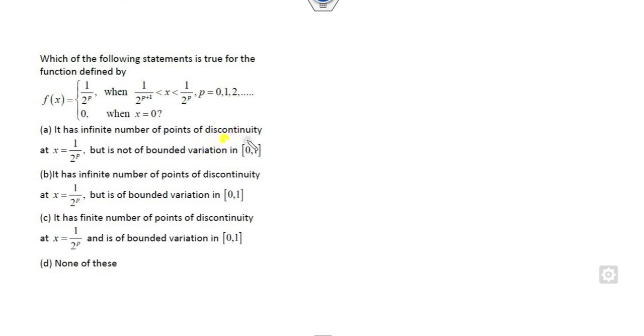Look at this another one. Which of the following statements is true for the function here? Clearly, we can look at the Riemann integration. This function has discontinuities at 1 over 2 raised to power p. Because from the upper side the limit is here, and from the lower side it is 0, it also has a discontinuity at this point.